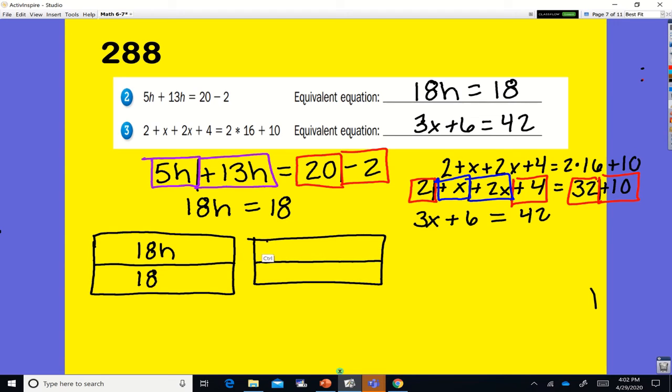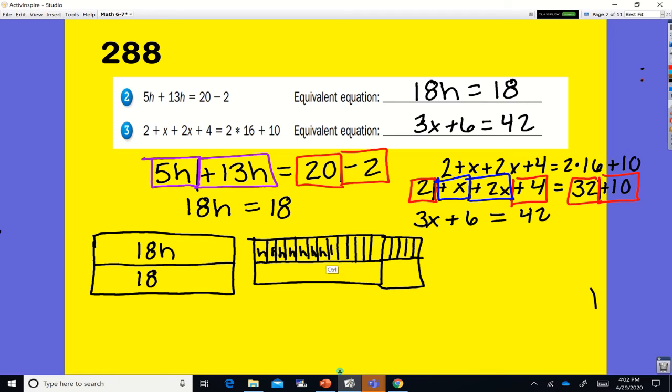So we have 1, 2, 3, 4, 5, 6, 7, 8, 9, 10. Okay, we have 18 there, and we're going to put our h's in.